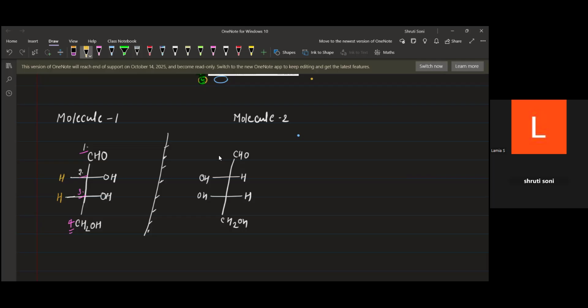Let me think again, twice about it. Yes, they are. Great. So if the compound is having mirror images, then those are enantiomers.